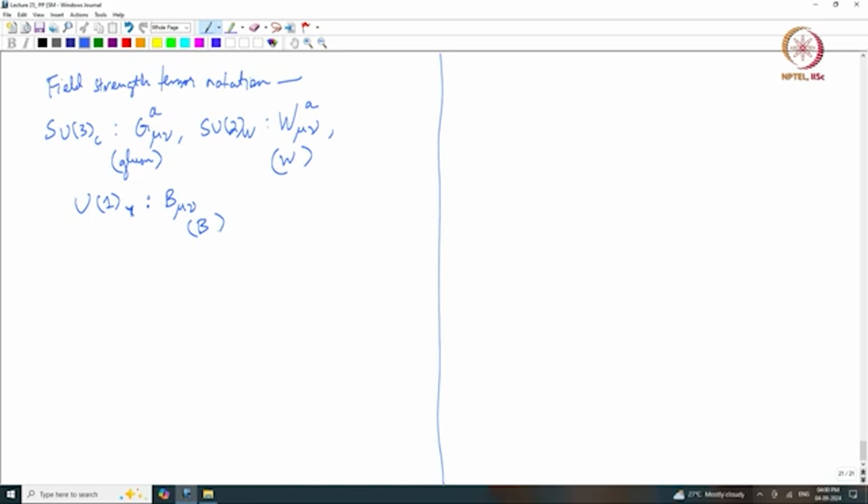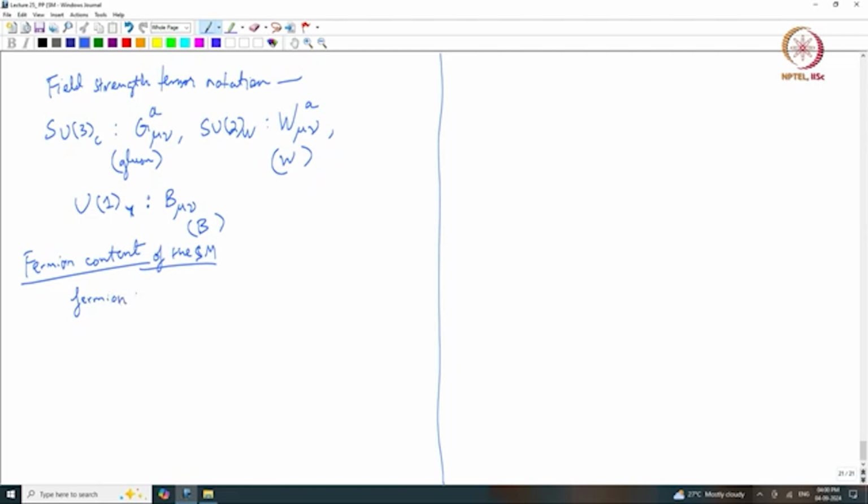What about the fermion content of the SM? Here is a notation I'm going to use in the rest of the course, so this part is important.